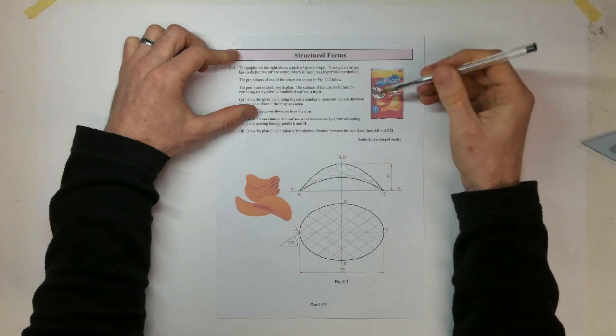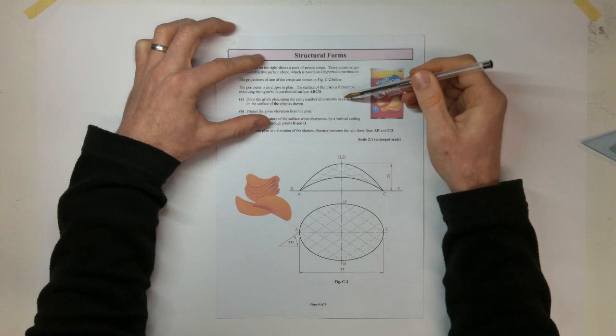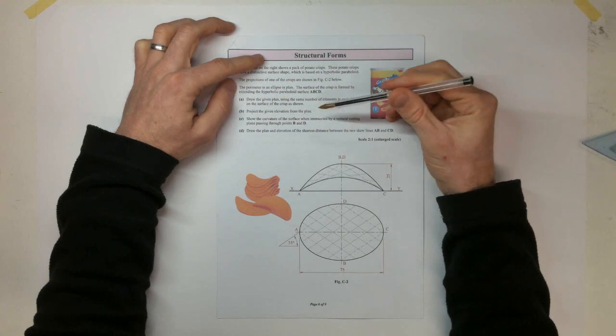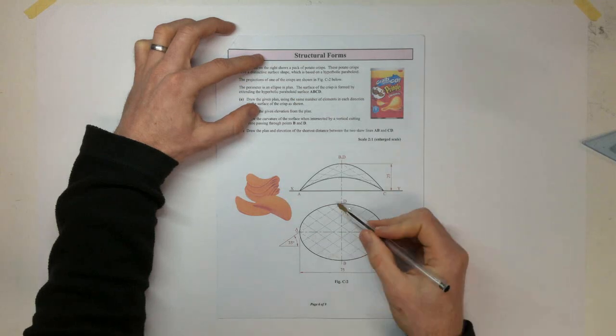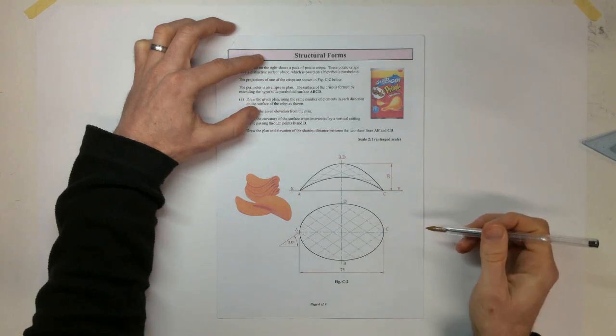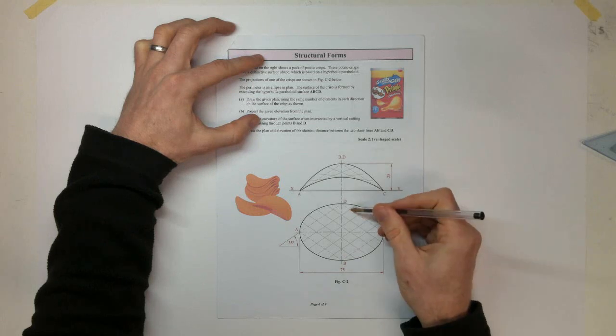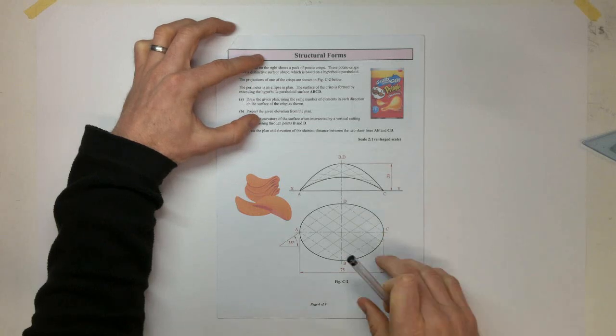Draw the given plan using the same number of elements in each direction on the surface of the crisp as shown. So we want to draw our ABCD in plan and then find these straight line elements.